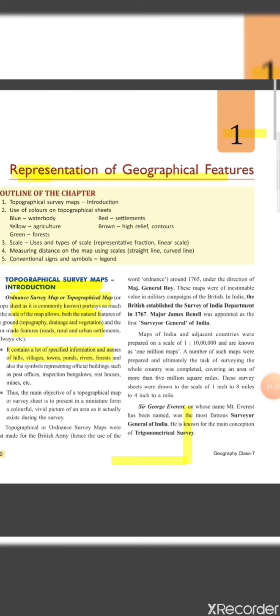It means that all the natural features like drainage, topography, and man-made features like rural and urban settlements, roads, cities, and all those things present on the ground of an area are represented on a plain sheet in the same patterns as they are seen on the ground, but represented on a scale of a particular area. So this is what is meant by topographical survey.